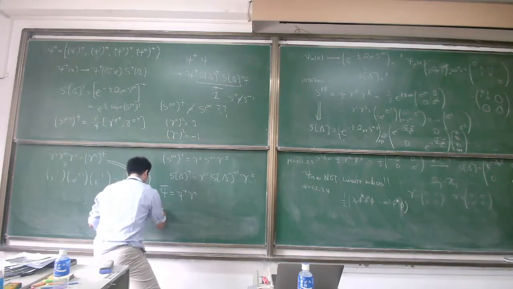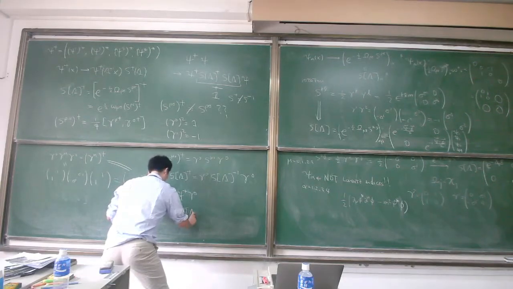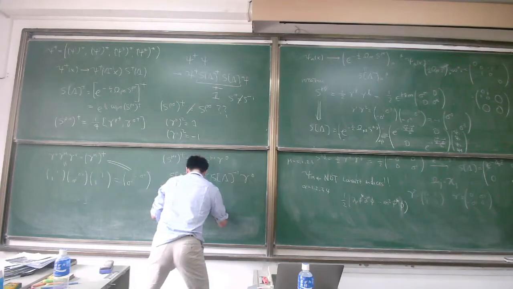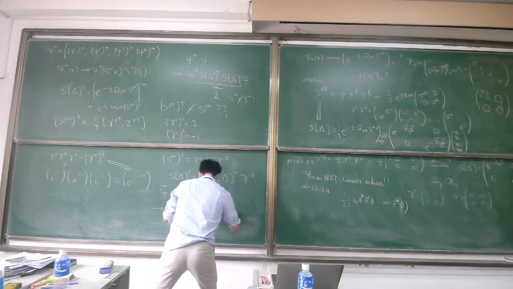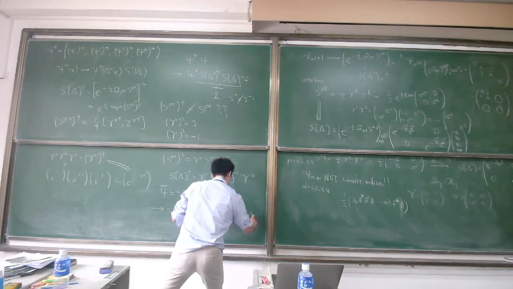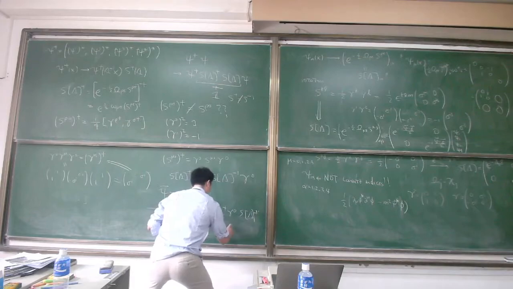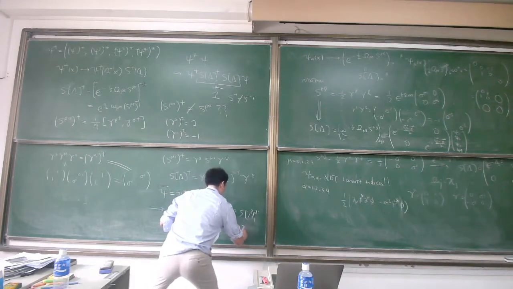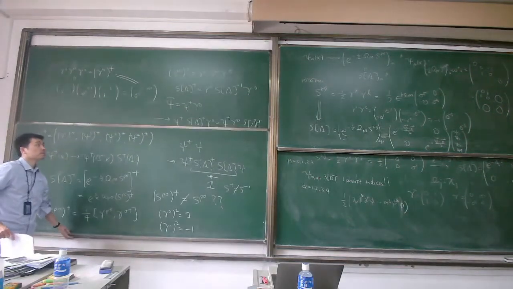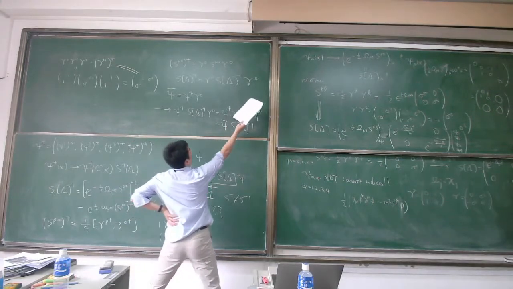Under the Lorentz transformation, psi dagger S lambda dagger gamma 0 is equal to psi dagger gamma 0 S lambda inverse, and this is equal to psi bar S lambda inverse. This is exactly what we want. As you know, we already mapped gamma 0 from the right.